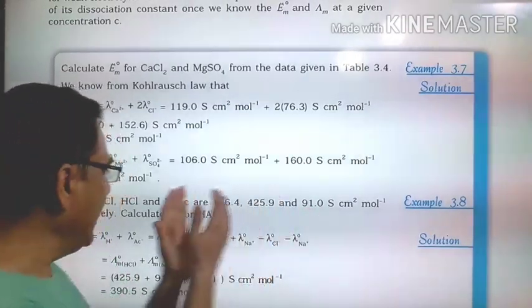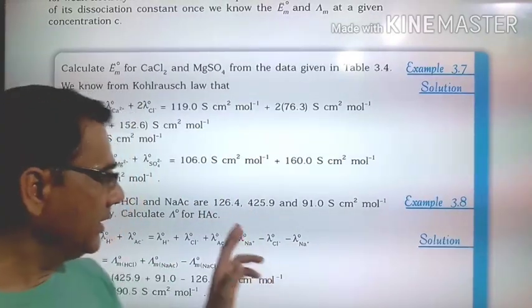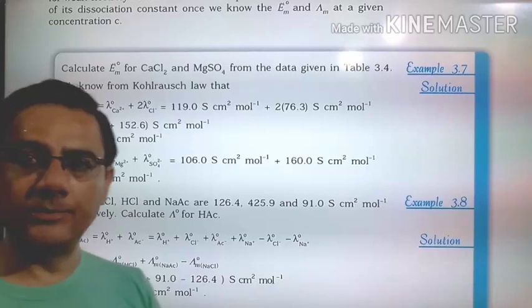By taking the help of these 3 compounds, we will try to calculate the limiting molar conductivity of this compound.